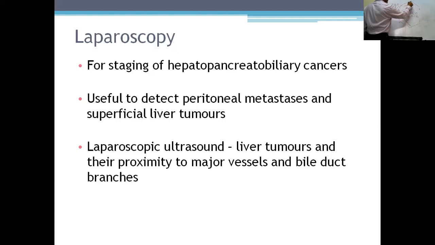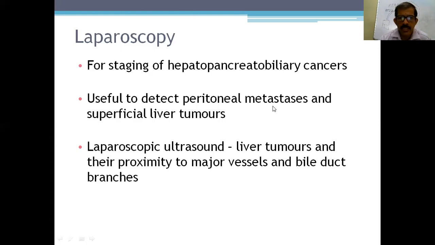Once I opened the abdomen with that big incision, I found multiple small secondaries over the liver. So I had to abandon the surgery and do some palliative gastrojejunostomy and cholecystojejunostomy like that. So laparoscopy is very useful.